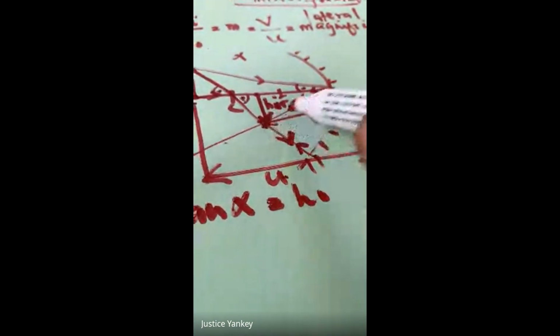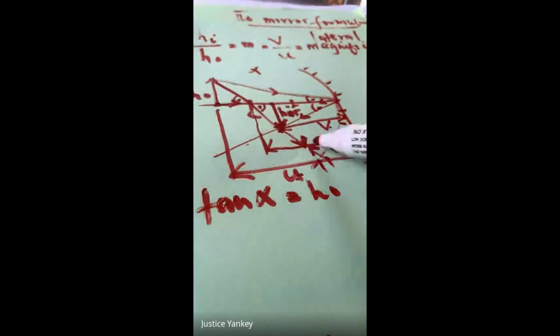Now, this is the image. From the mirror to the image, this distance is v, the image distance. The last distance is c. From c to the mirror is the radius of curvature r, the distance from the pole to the center of curvature.